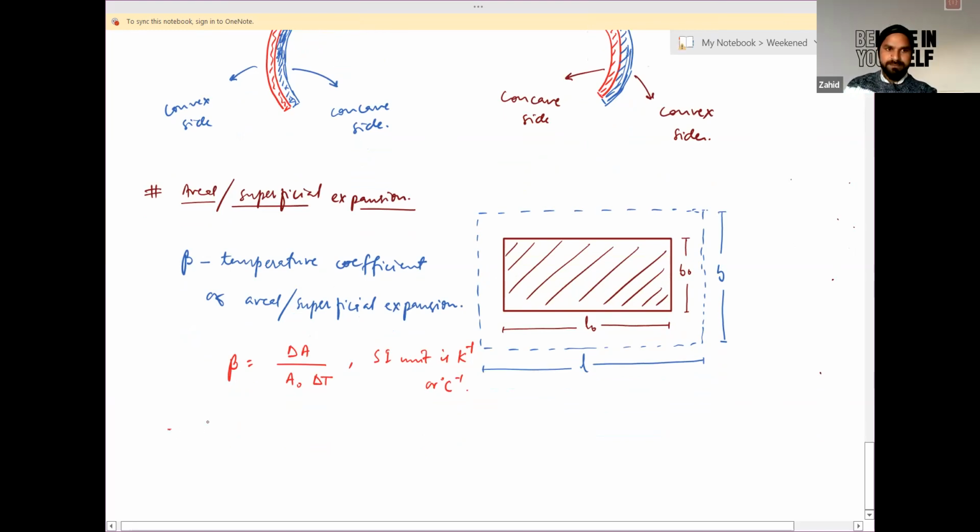We can define this coefficient of areal expansion as the ratio of fractional change in area to the change in temperature.